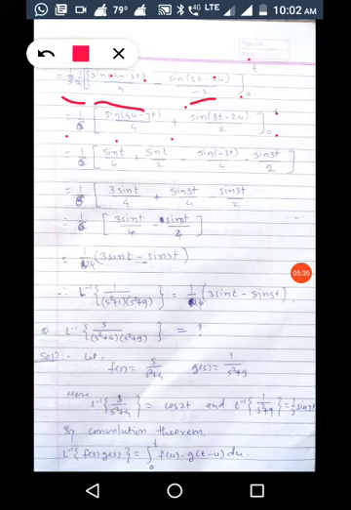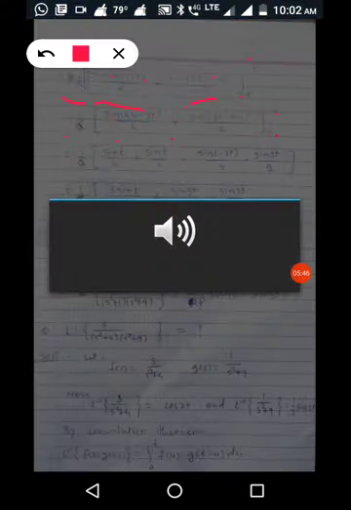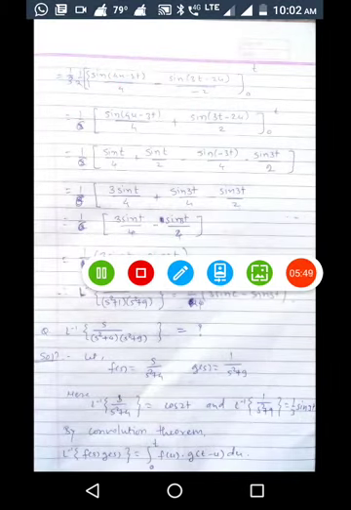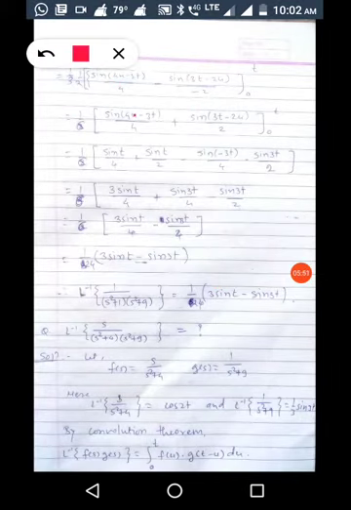Now it is equal to 1 by 6 into, put the upper limit. As u is equal to t, sine 4t minus 3t is sine t by 4 plus sine t by 2, minus the lower limit: minus sine minus 3t by 4 minus sine 3t by 2.